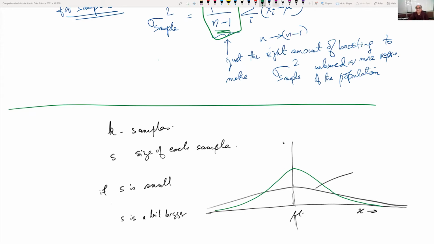And if S is even bigger, then you tend to get to this. So what do you see?